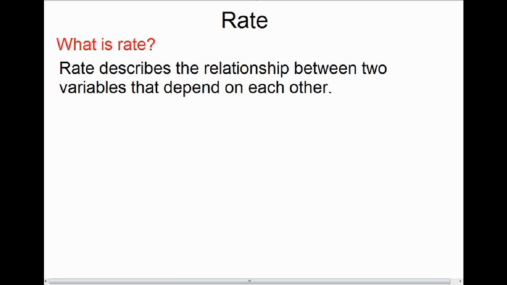When I say two variables, I just mean two pieces of mathematical information that change, and they change in a way that one depends on the other. When you're trying to determine rate, usually the first question you ask yourself is, what is the dependent variable? Let's look at an example to explore this a little bit.